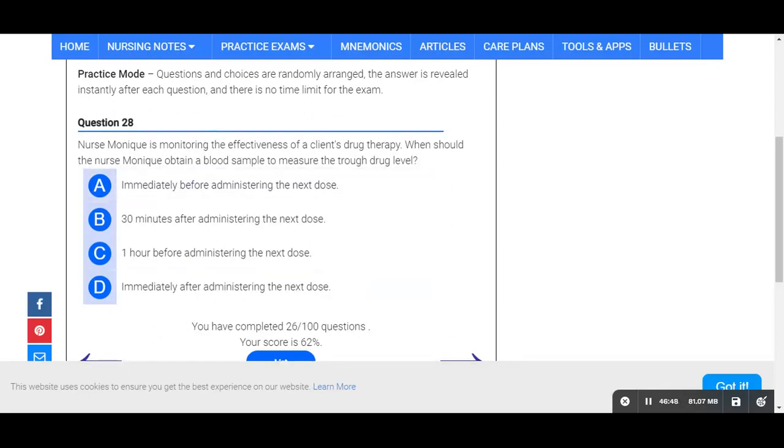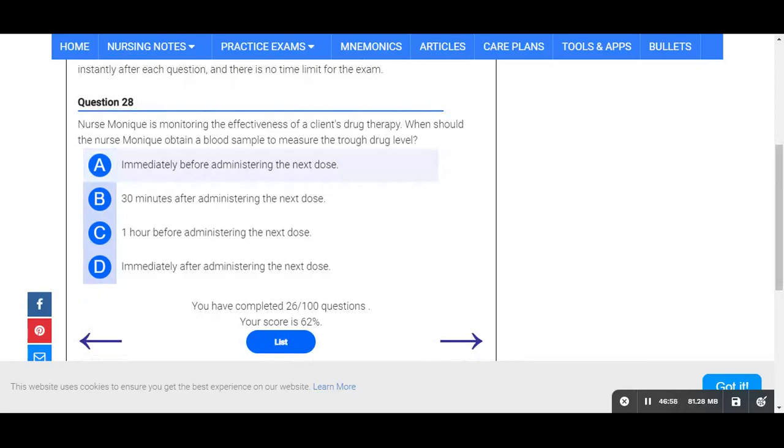Nurse Monique is monitoring the effectiveness of a client's drug therapy. When should Nurse Monique obtain a blood sample to measure the trough drug level? Effectiveness of client's drug therapy.